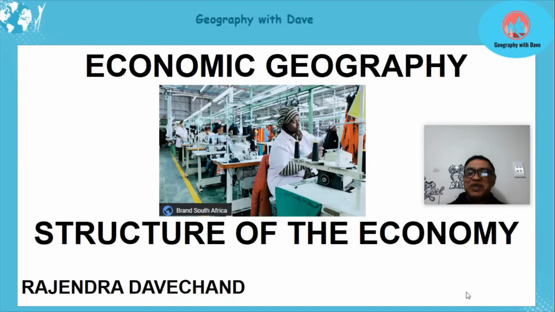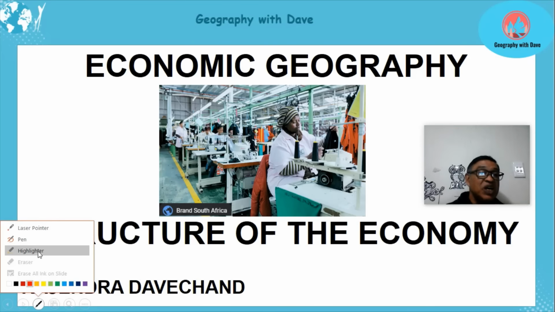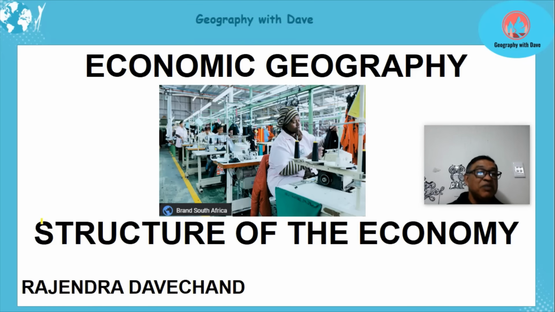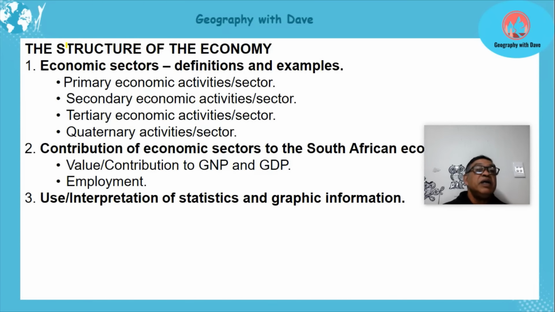Today, we're going to look at economic geography, and our main focus is going to be on the structure of the economy. Here, we're going to look at the economic sectors.